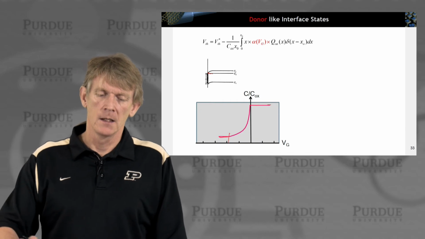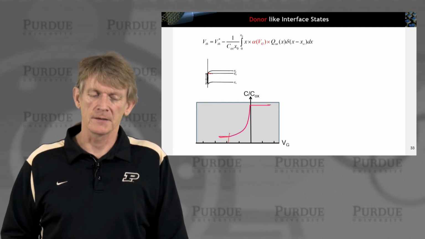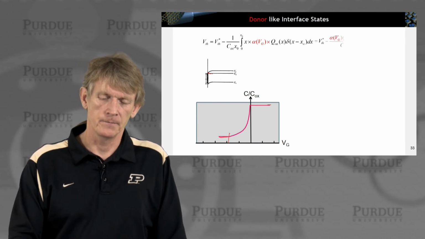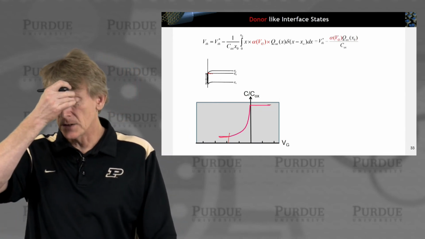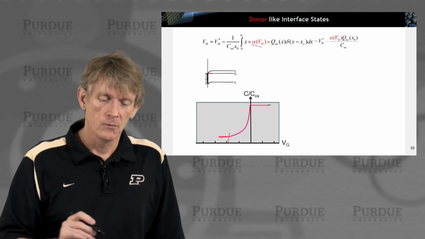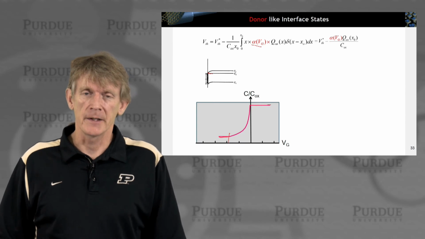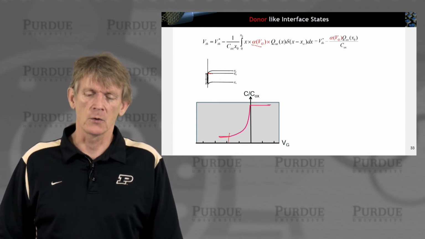And so the two capacitance measurements lie on top of each other. You can assign some alpha of Vg, which is accounting for the bias dependence of the filling of these donor-like trap states, okay?